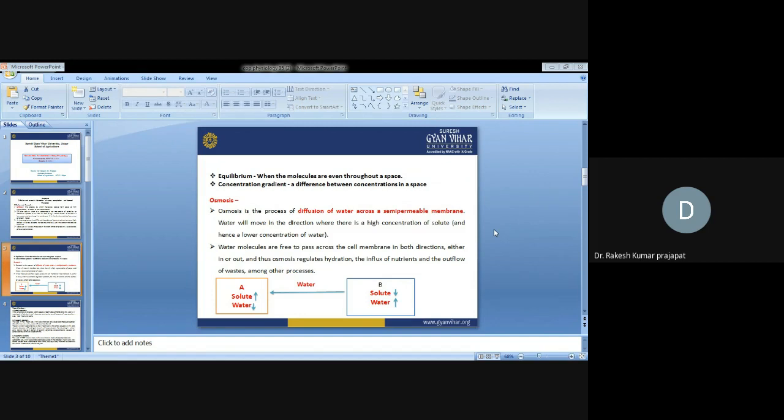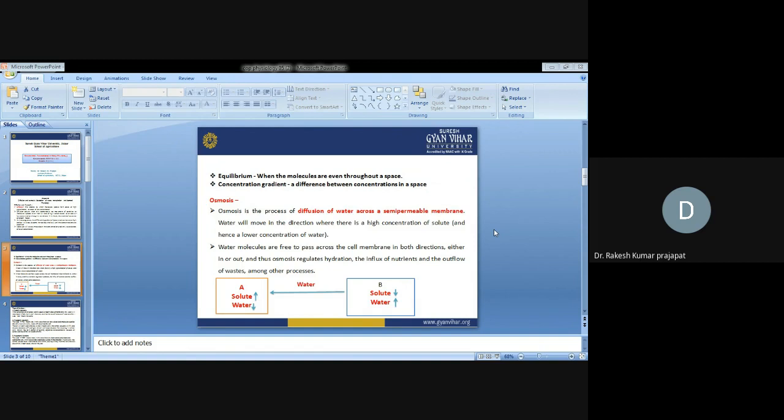Thus, osmosis regulates hydration, the influx of nutrients and the outflow of nutrition among the processes. So in simple terms, osmosis refers to the diffusion of water. In case of osmosis, the movement of water takes place across a semi-permeable membrane.